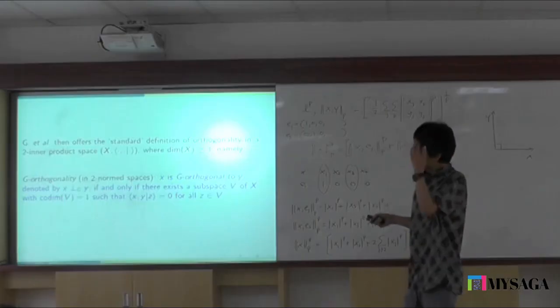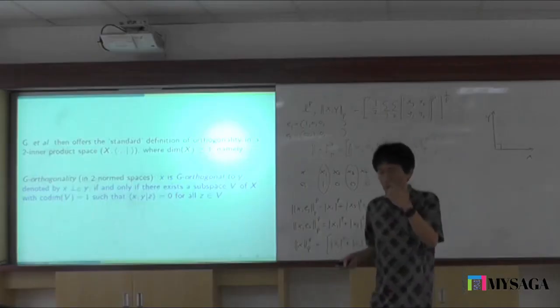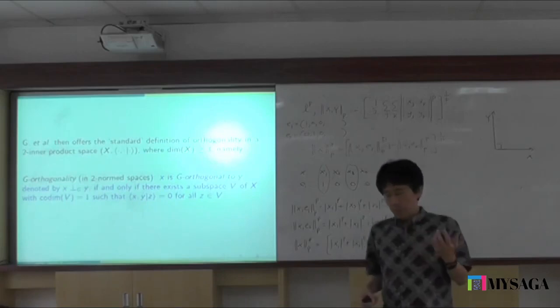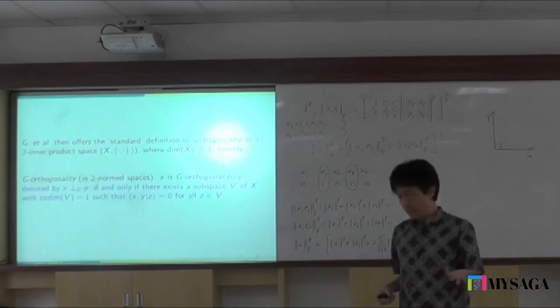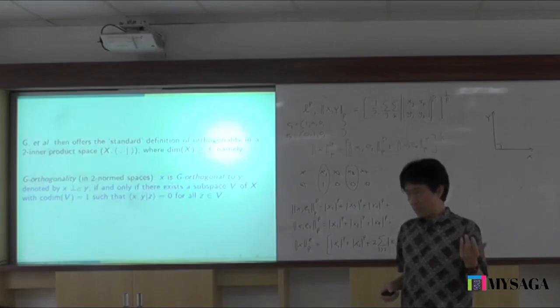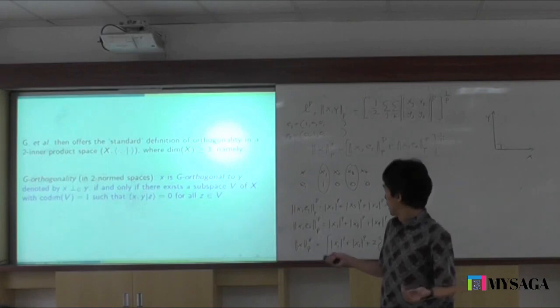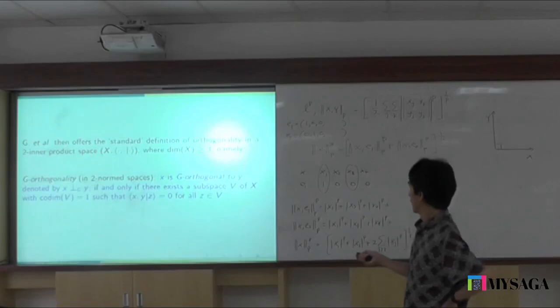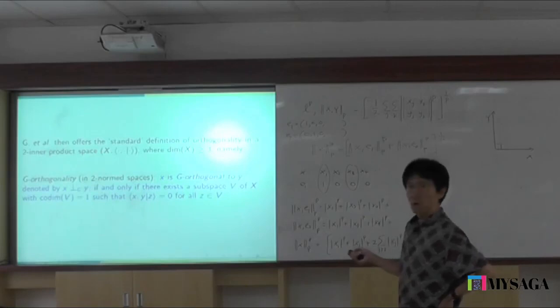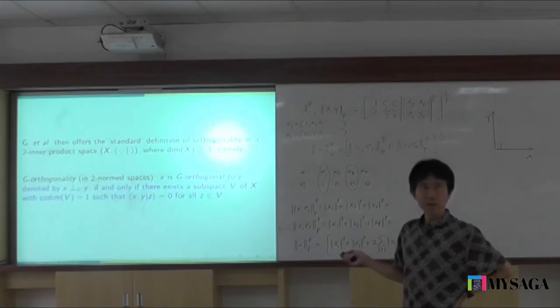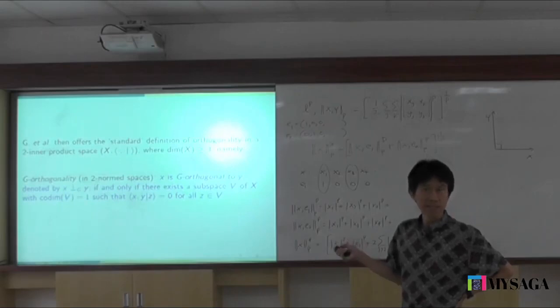So I didn't tell you how Cho and Kim defined it, or Khan and Siddiqui, but Cho and Kim require that this holds for all z not in the span of x and y.